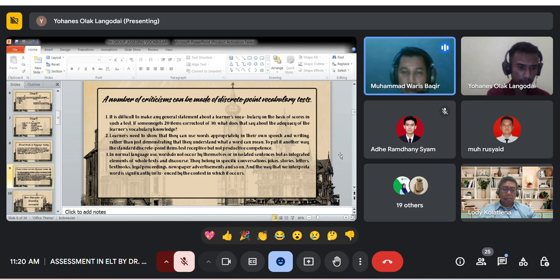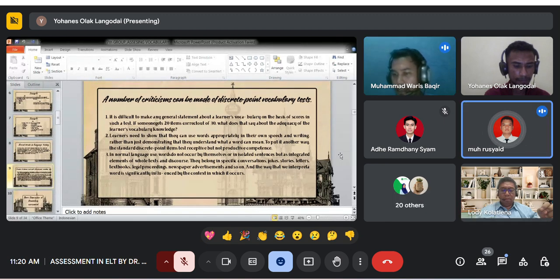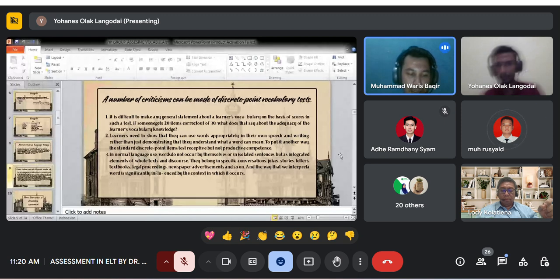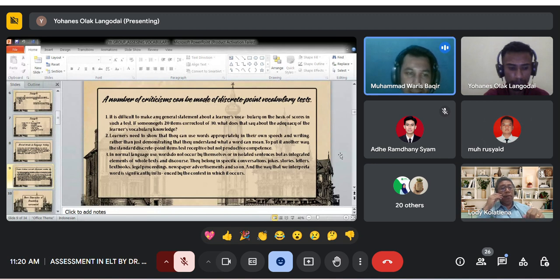Vocabulary is also useful for learning grammar and speaking, and without any vocabulary they can't speak English. Even if they have a perfect score in grammar and in speaking, we can't conclude that they have good English skill. So I think that is the first point.